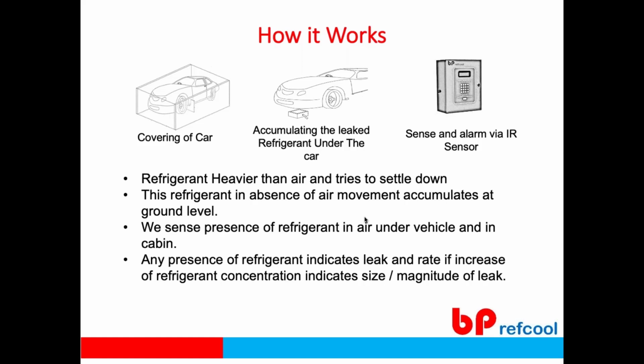The rate of rise also gives us an indication of the size or magnitude of the leak. This is important, and we have tested this technology a number of times. Sometimes for our trials we have also covered the car by providing a bubble wrap around the bottom of the car, and it beautifully works.